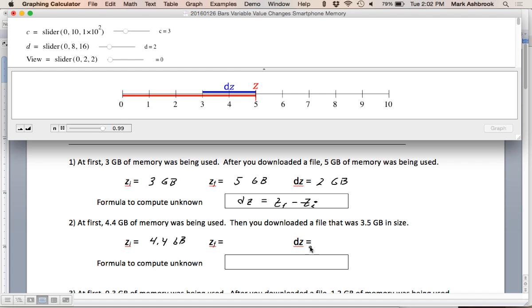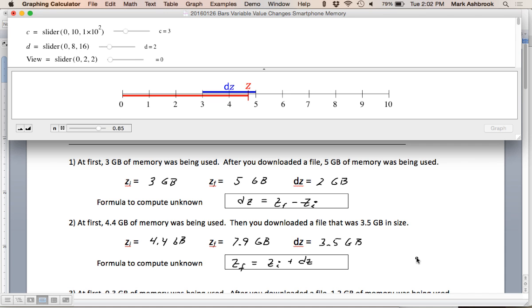Okay, so what was DZ? 3.5. And then this was the unknown and it was equal to? And so we want a formula for Z final. How'd you do?